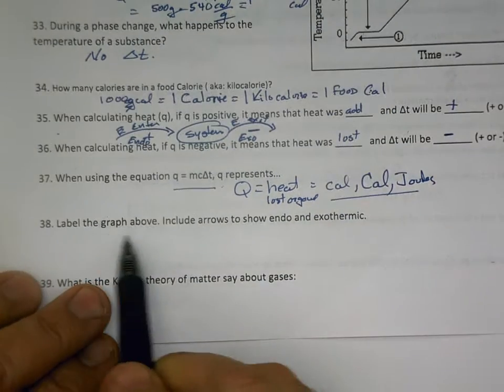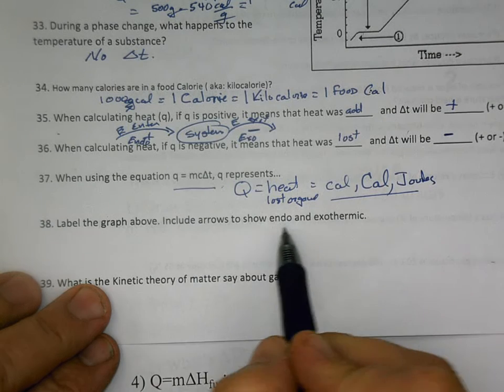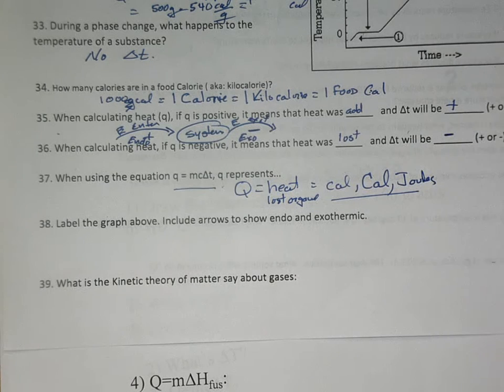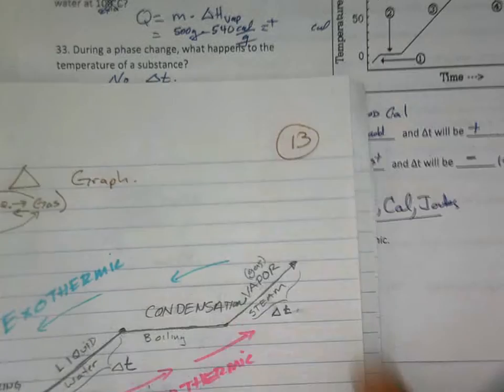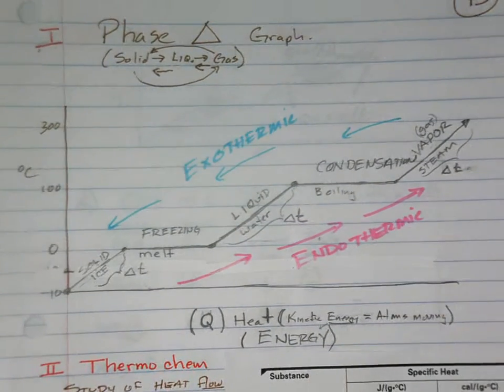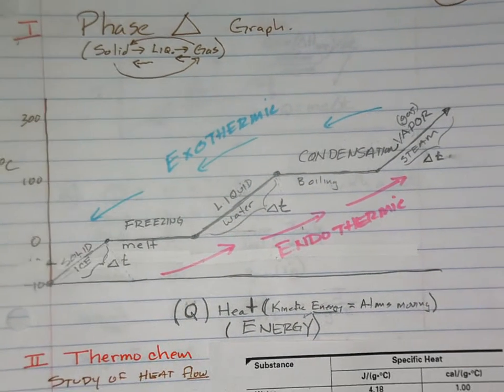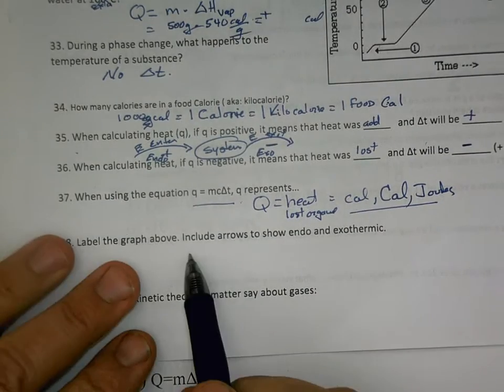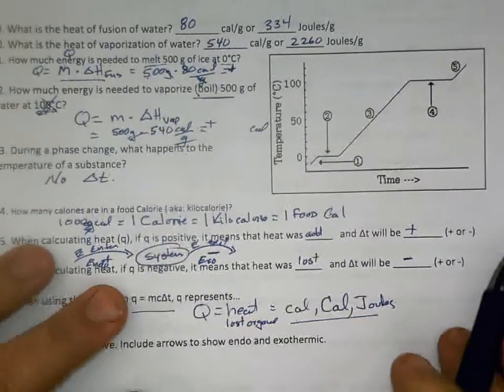Now it says label the graph above, including arrows to show endothermic and exothermic. We've spent a lot of time in class on that. On page 13 in your notes, assignment number 13, you should have this diagram. I'm not going to go over it at length, but include arrows to show endothermic and exothermic.